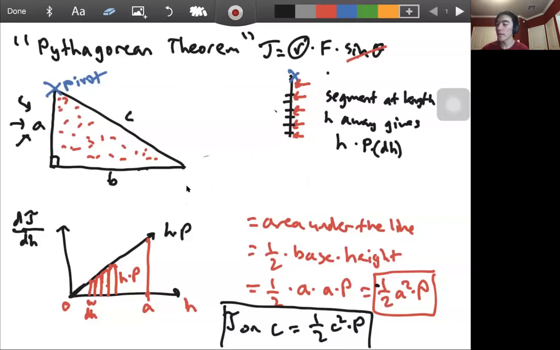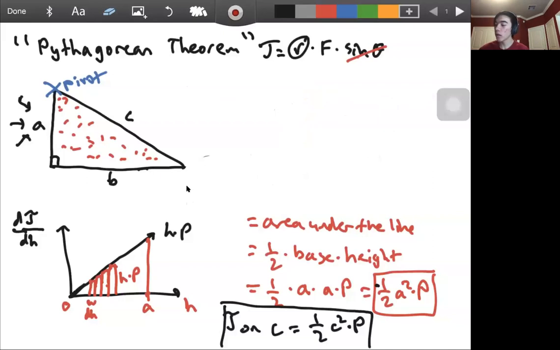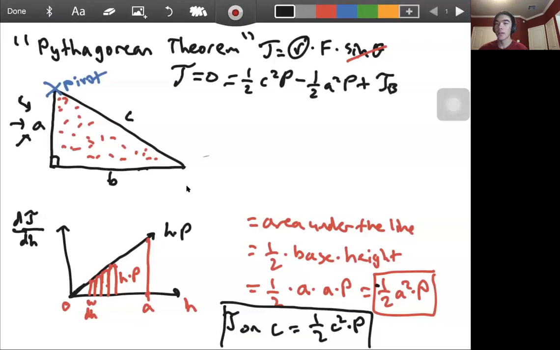So you can recognize already that if our end goal is total torque equals 0, well, we already have 1/2 C squared P minus 1/2 A squared P, and then we add the torque on B. Since C squared equals A squared plus B squared, we really want this to be 1/2 B squared P, or negative that. And if that's true, then this would force C squared to be A squared plus B squared.